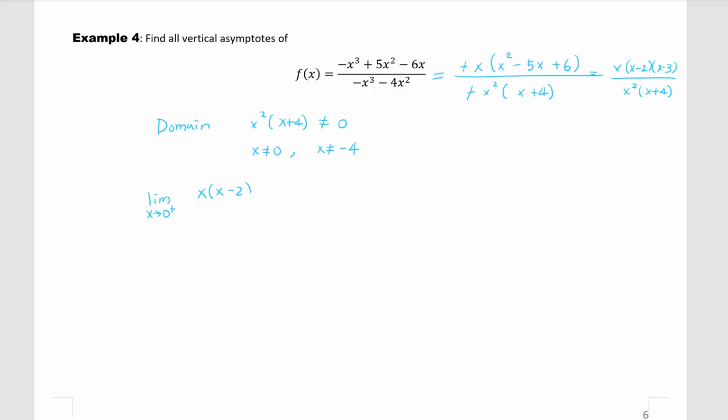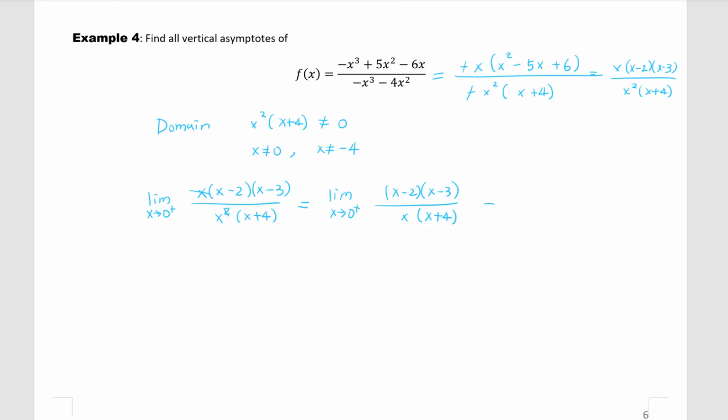So here, what do we get? x minus 2, x minus 3, over x squared, x plus 4. So now we can do the cancellation. We cancel one of the x, but we still have an x in the denominator, right? So we have x minus 2, x minus 3, over x, x plus 4.